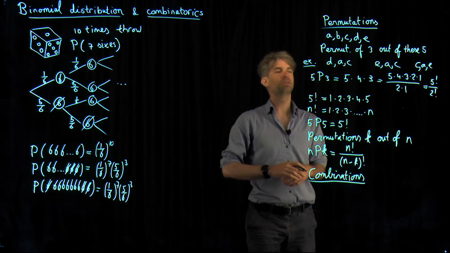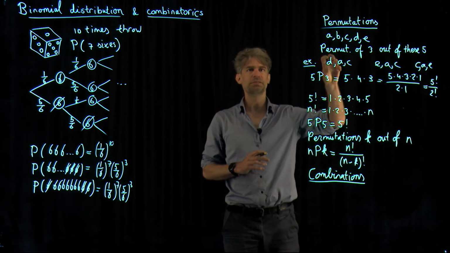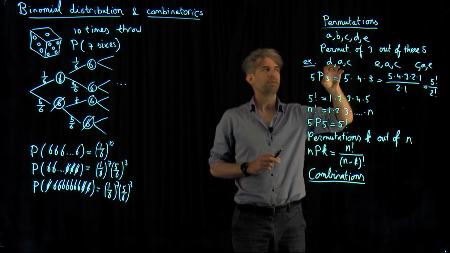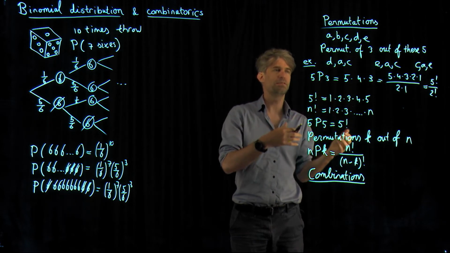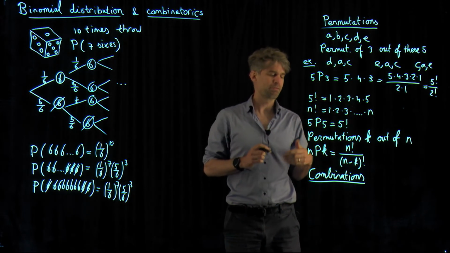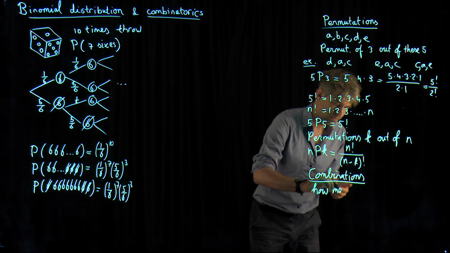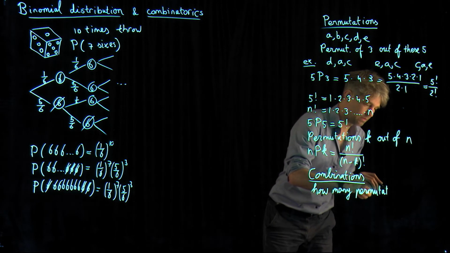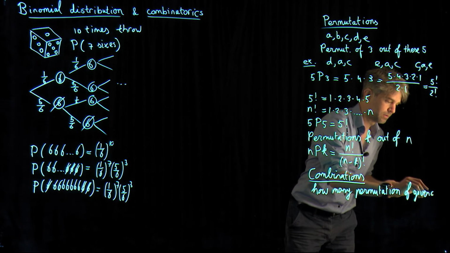And how do we count those? Well, as follows. If I look at a given permutation, like a permutation here of 3, then if I want to equate those, DAC with ACD with CAD, then I have to count how many of those I have. So how many permutations of a given one.